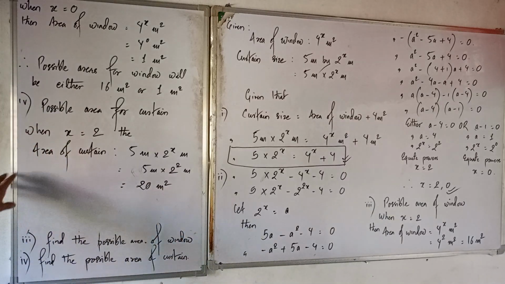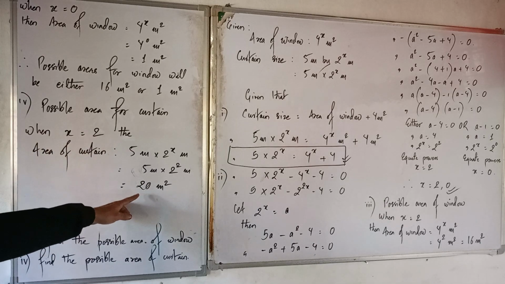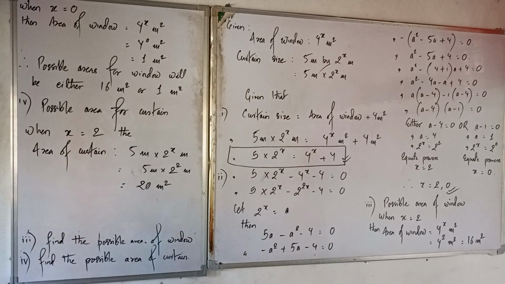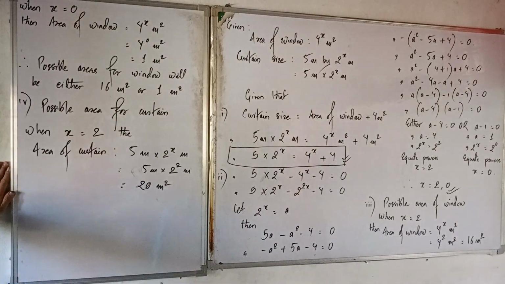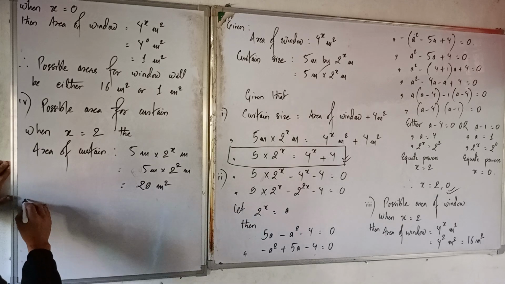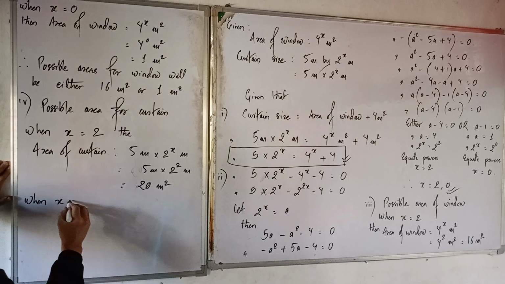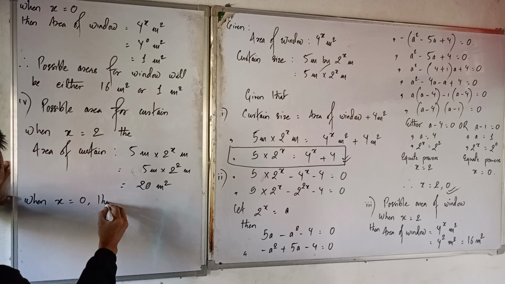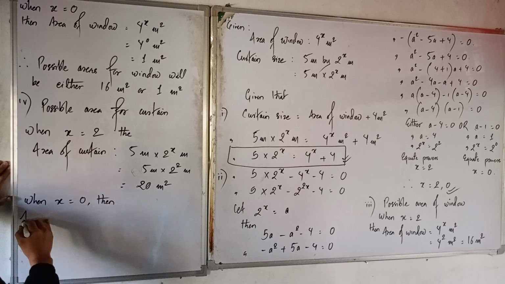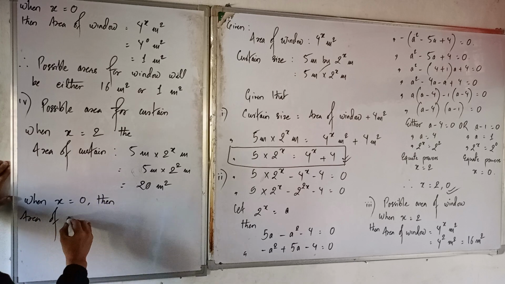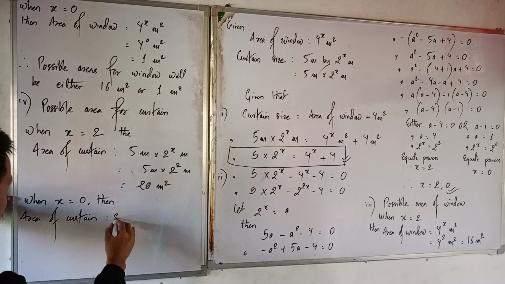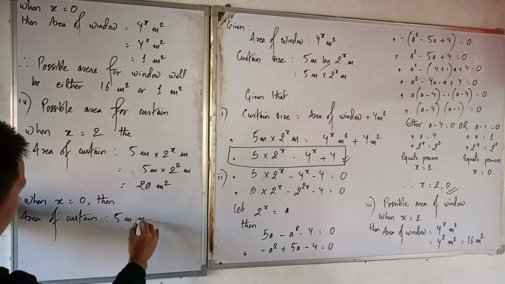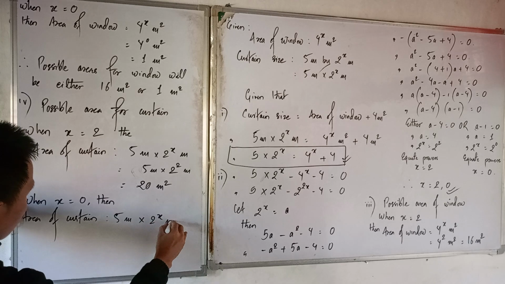If you substitute the value of x by 2, you will get 20 meter square as the area of curtain. Now if you put x equals 0, then area of curtain will be 5 meter times 2 power x meter.